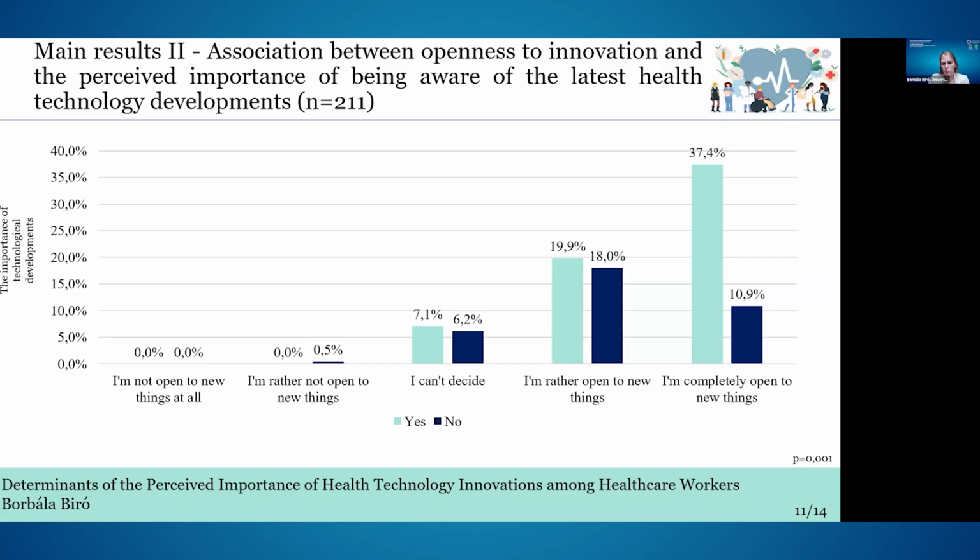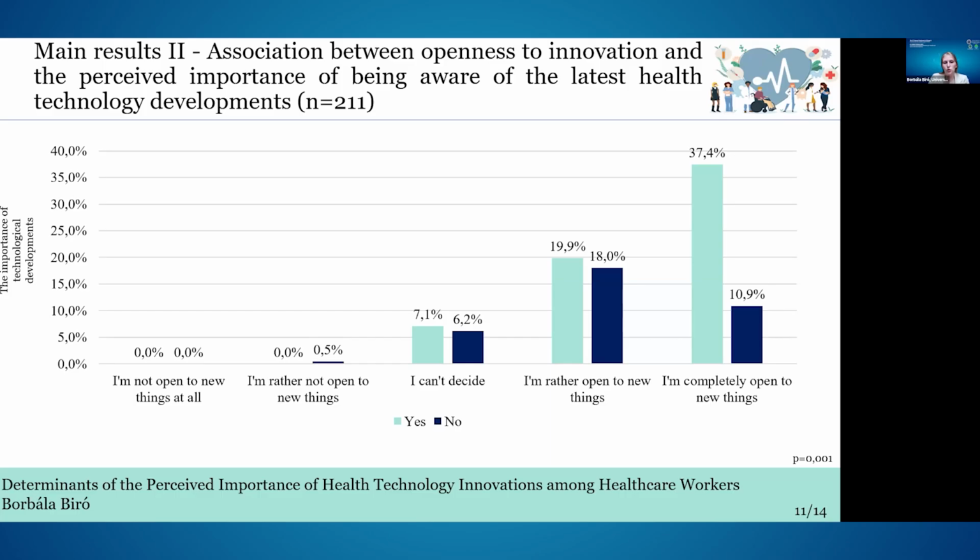Among those fully open, more than 37% follow new technologies and almost 11% do not, indicating a nonlinear relation between openness, perceived importance, and behavior. However, the majority of participants still recognize the importance of staying updated.